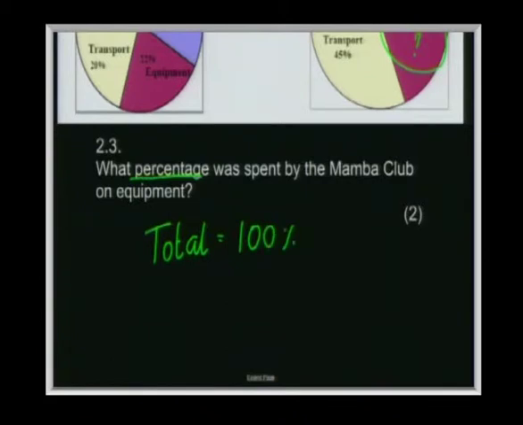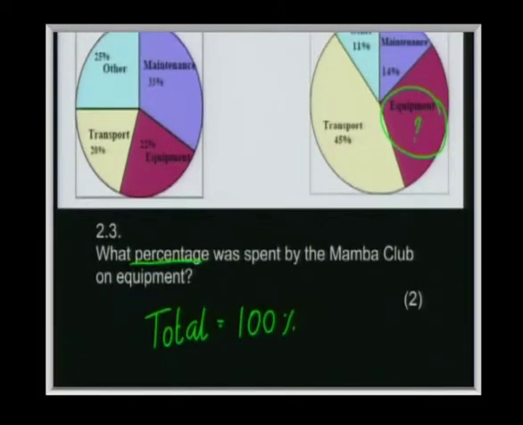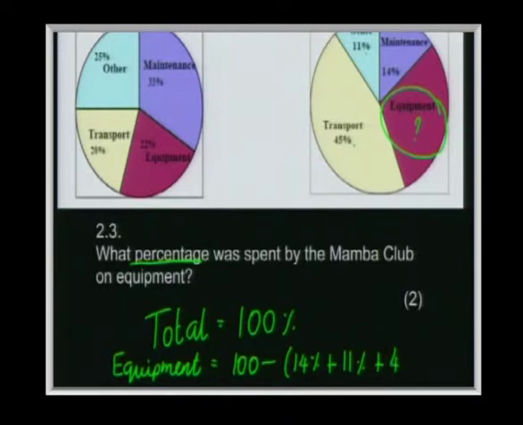And then the best idea is to actually look at what we've got, and we need to add them up. So we want to find equipment, and so it's going to be 100, take away all the other bits. So it's going to be the 14% plus the 11% plus the 45%.